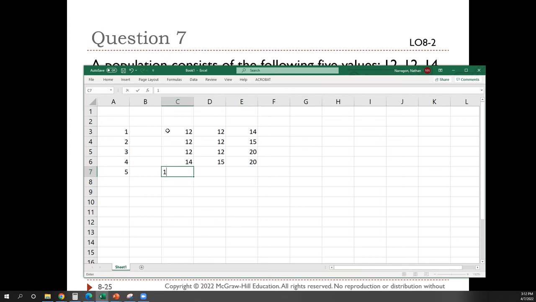Then we can have 12, 14, 15. Then we can have 12, 14.